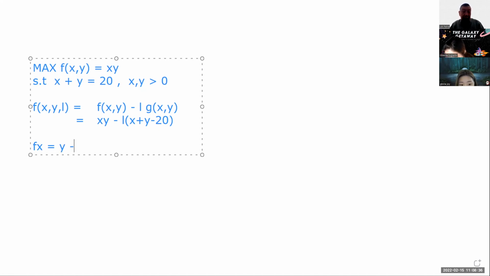Maybe we can write different functions so that we will know this is different. So can you make it capital F for this Lagrangian? What I mean is, can you write this one as capital F? Because that is the Lagrangian, right?